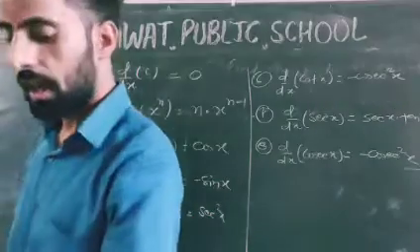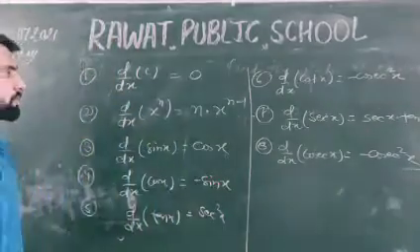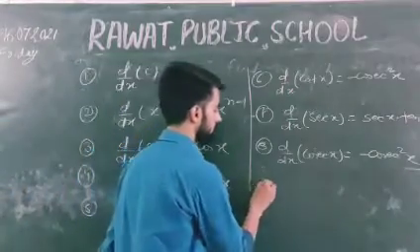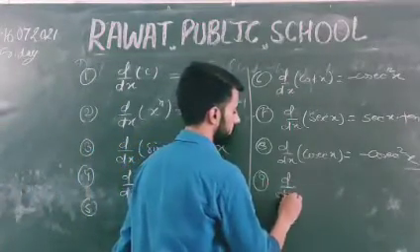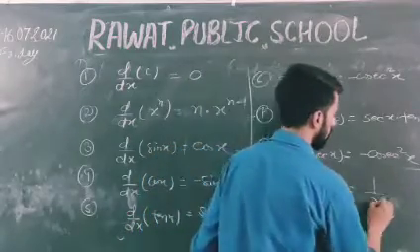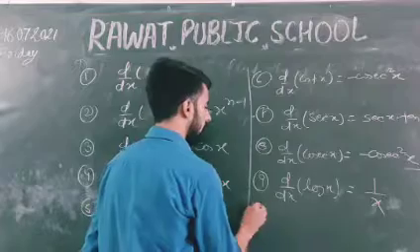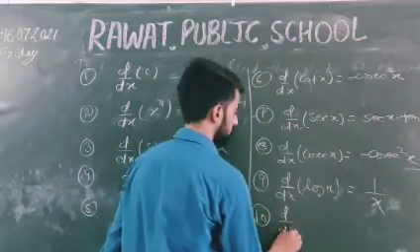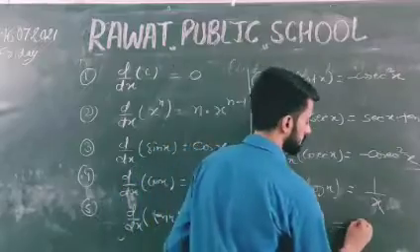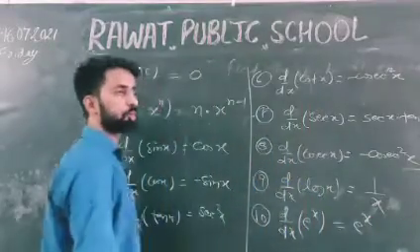Next we can have the logarithmic functions here. The differentiation of log x is 1 upon x, and the differentiation of the exponential function e to the x is just e to the x, no change in that.